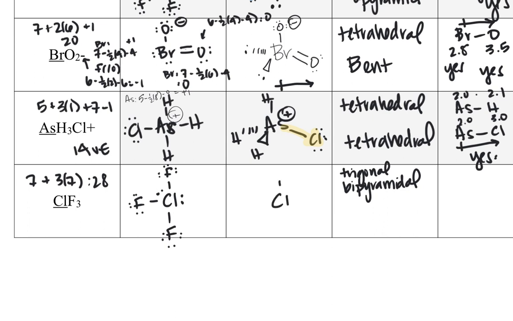So we're going to put our chlorine in the center. And for a steric number of 5, it looks like this, where we have bond angles of 90 and of 120. So we're going to put our fluorines here, and our 2 lone pairs. If you look at this, you can see that it kind of makes a T. So it is T-shaped.